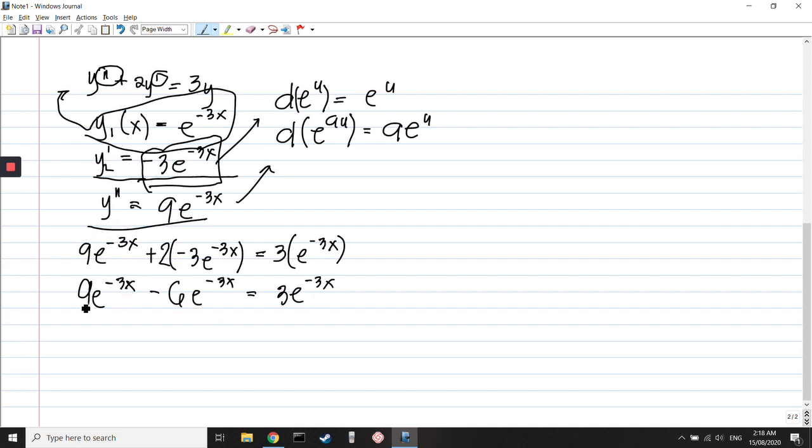Thus, this will be 3e raised to the power of 3x is equal to 3 times e raised to the power of 3x. Thus, this function is a solution of this equation.